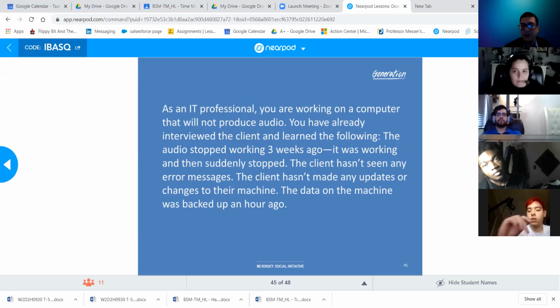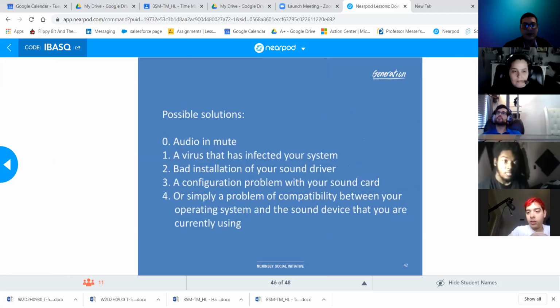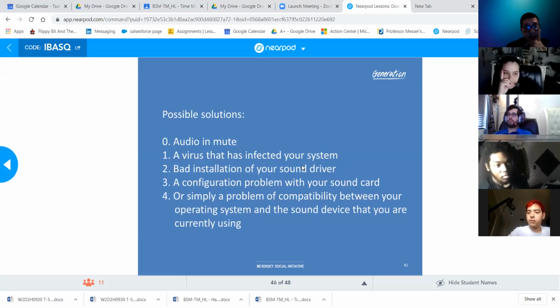All right. So here are possible solutions for this. We had one that we really quickly thought was obviously maybe a user error. A virus that infected the system because they haven't supposedly done anything. A bad installation of a driver. Somebody mentioned the driver may be corrupt, right?